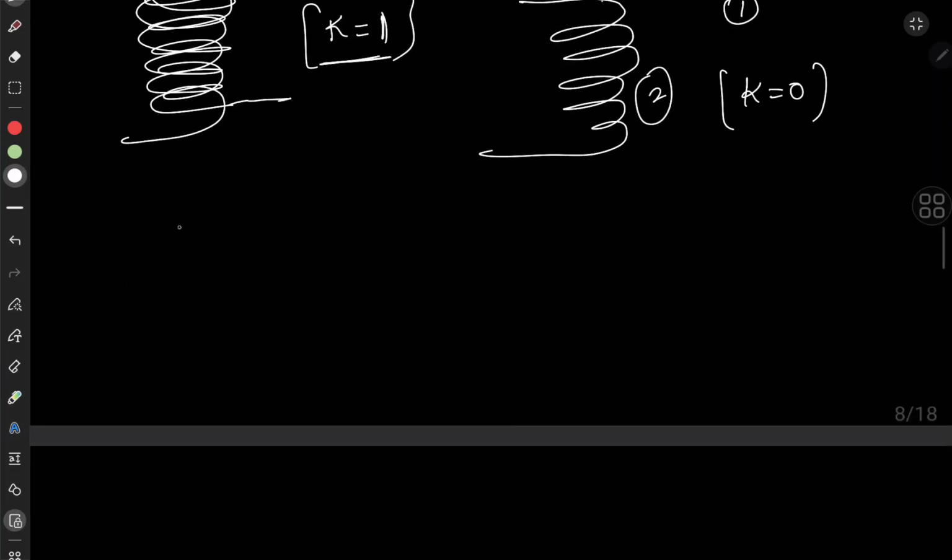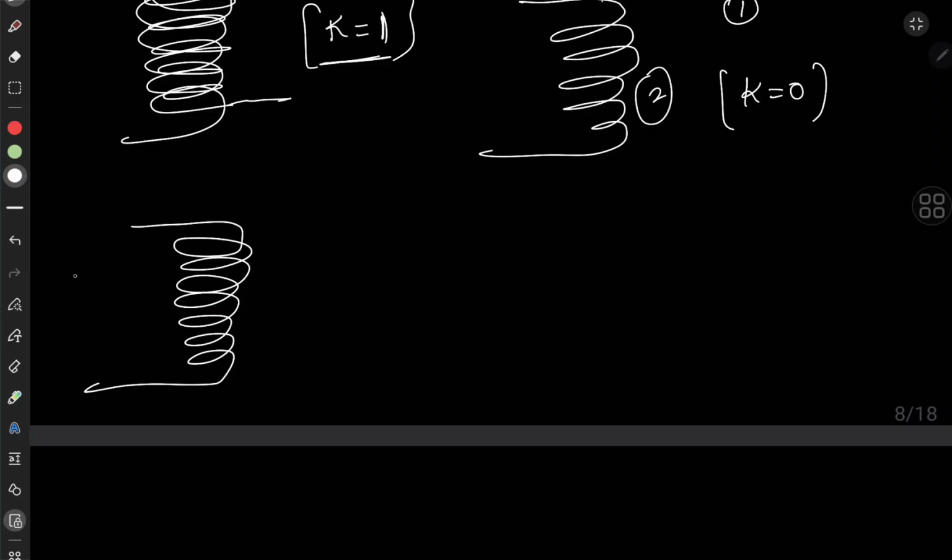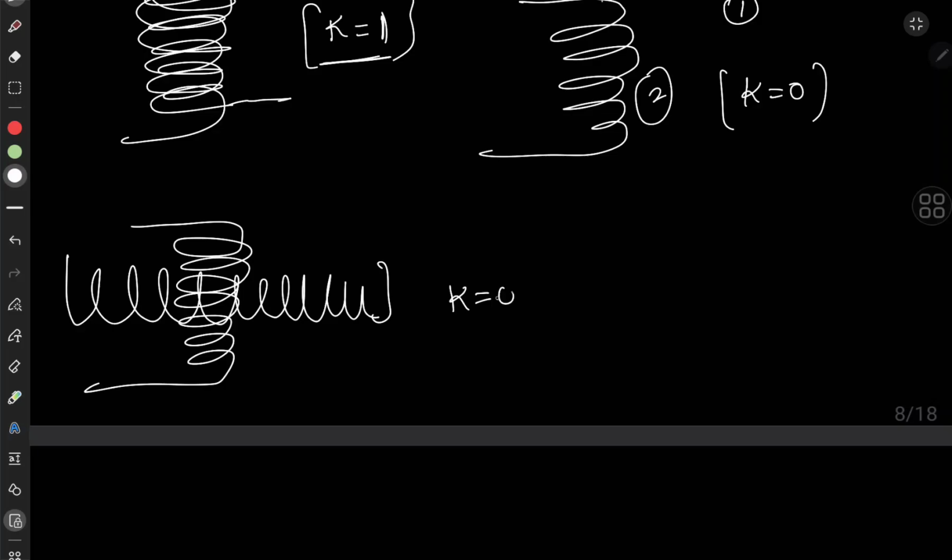And one more case: this is one coil and this is another coil. If you consider this, both the coils are perpendicular to each other. Now again the coupling constant will be 0, because there is no magnetic flux linked with the second coil. This is called the coupling constant.